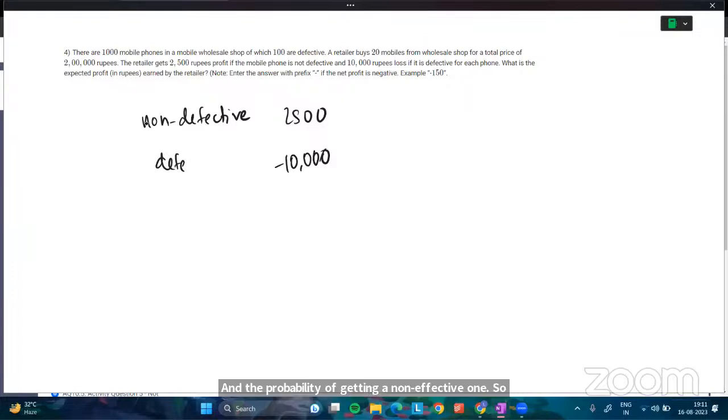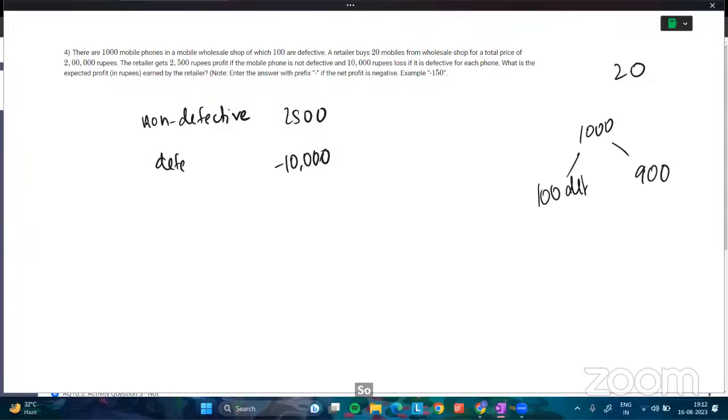So if we have 20 in total, then we know that from 1,000, 100 are defective. So if from 1,000, 100 are defective, then 900 will be not defective.